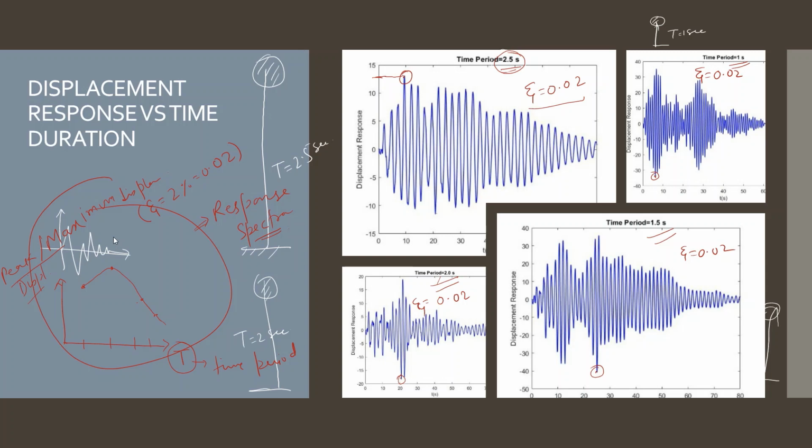So we have taken the time period on the x-axis, and the maximum peak displacements of all the four cases here. We are taking the peak displacements for the same ground acceleration. Earthquake force or ground acceleration is the same for all four buildings. The same earthquake is acting on this building, and all four cases.